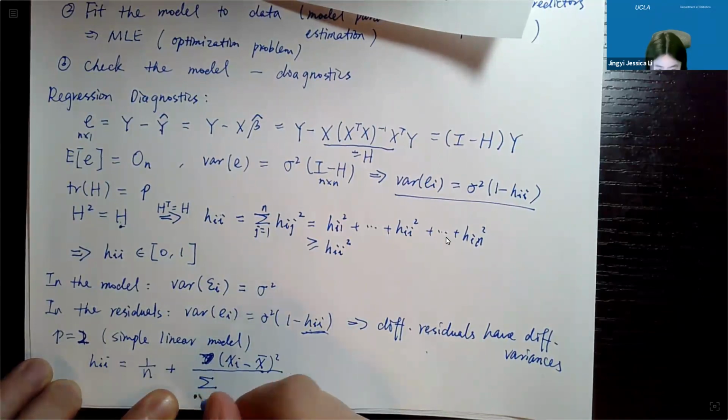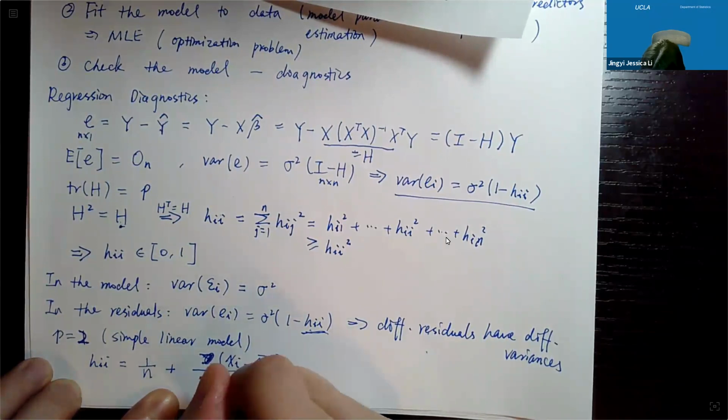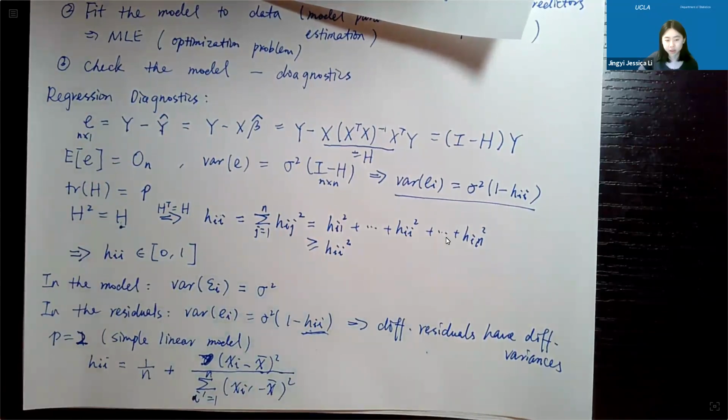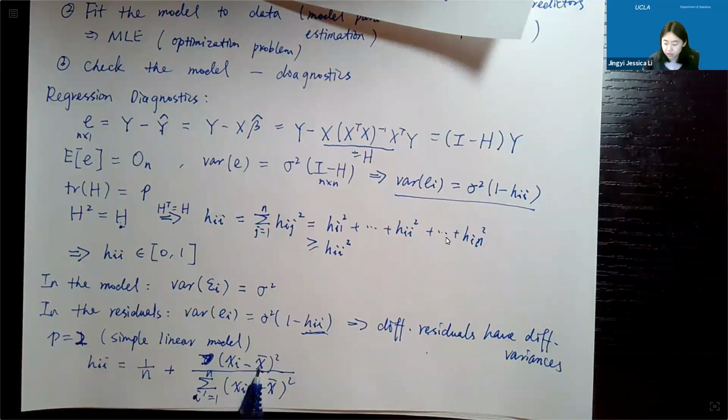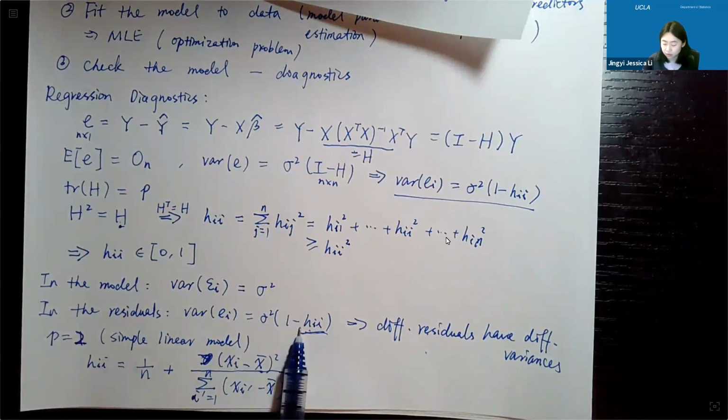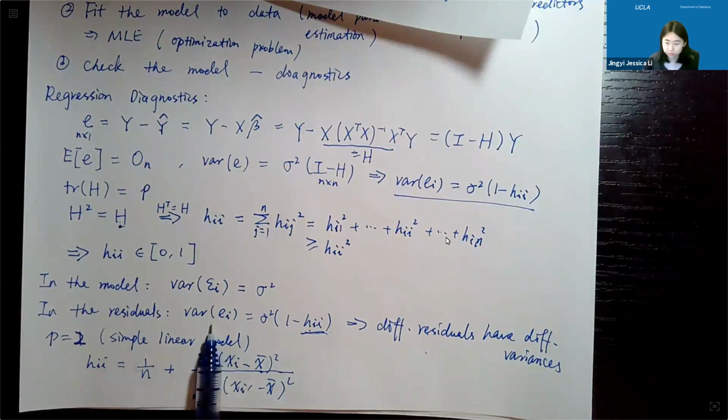over i prime from 1 to n, of (x_i prime minus x bar) squared. That's the H_ii. You can see that, given the mean across observations stays the same at x bar, the farther away x_i is from x bar, the larger the H_ii, and the smaller the variance of the residual.